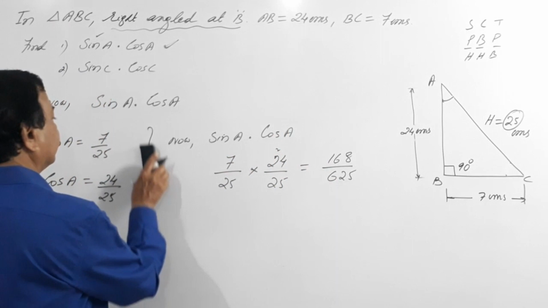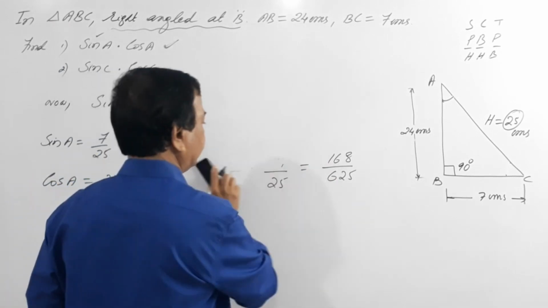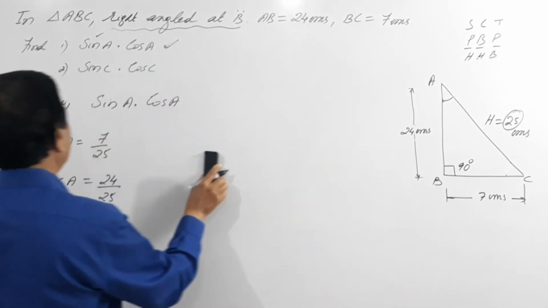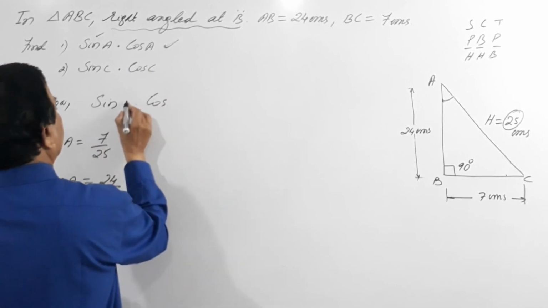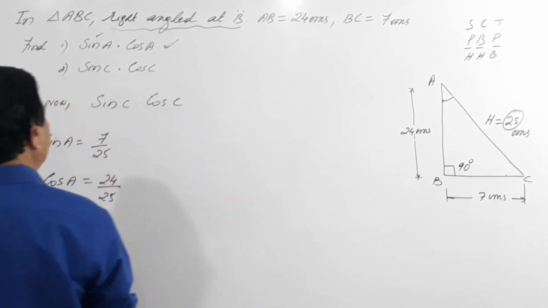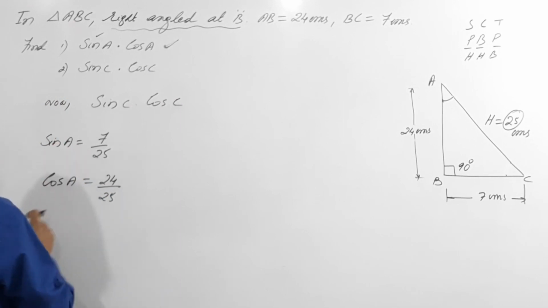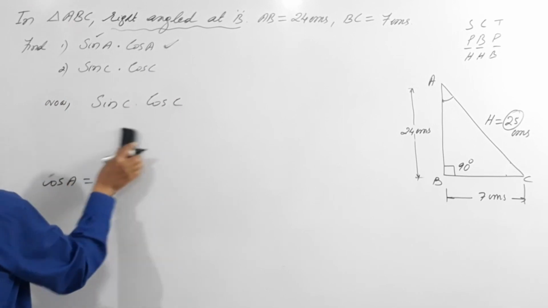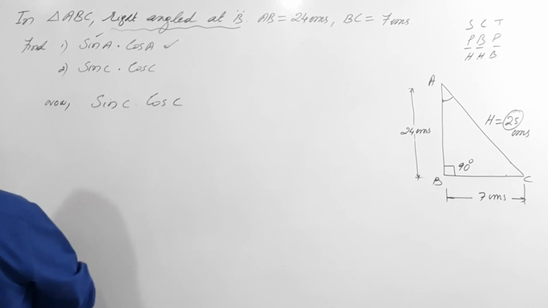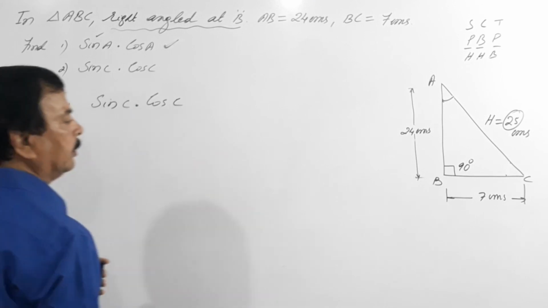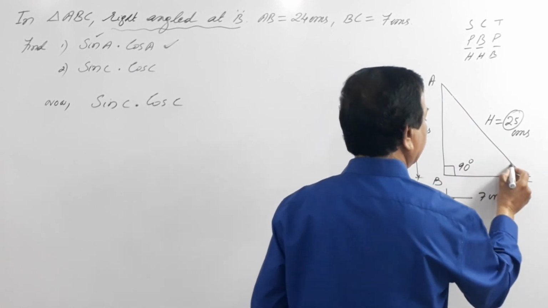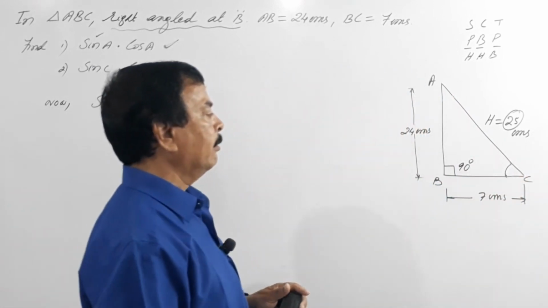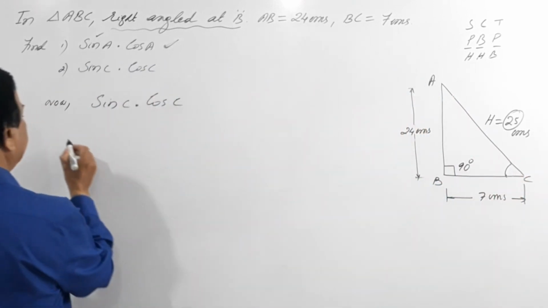नेक्स्ट मिटा देंगे इसको. Now we'll see sin C into cos C. So this is sin C into cos C. So इसको मिटा देंगे, इसको C बना देंगे. तो what is sin C?